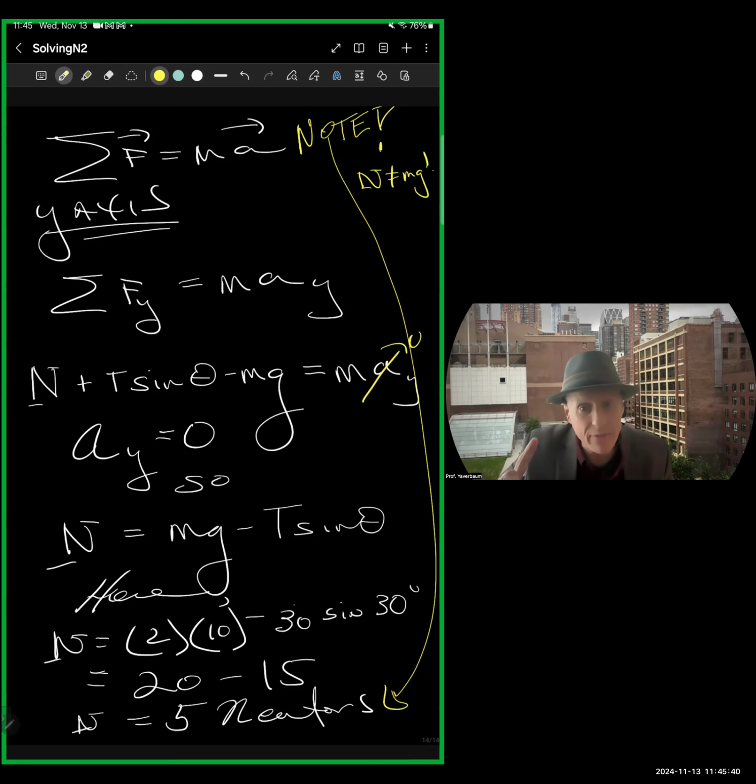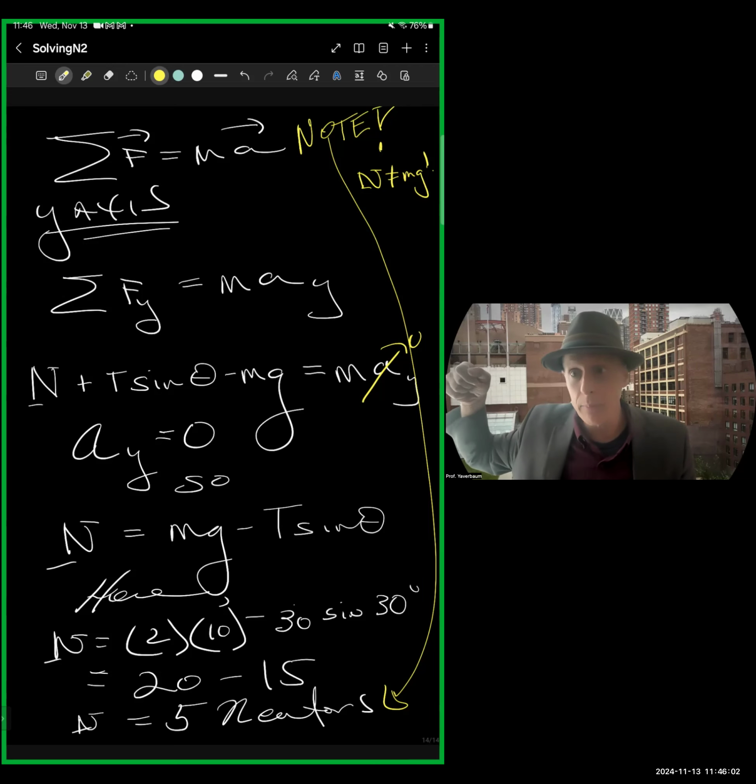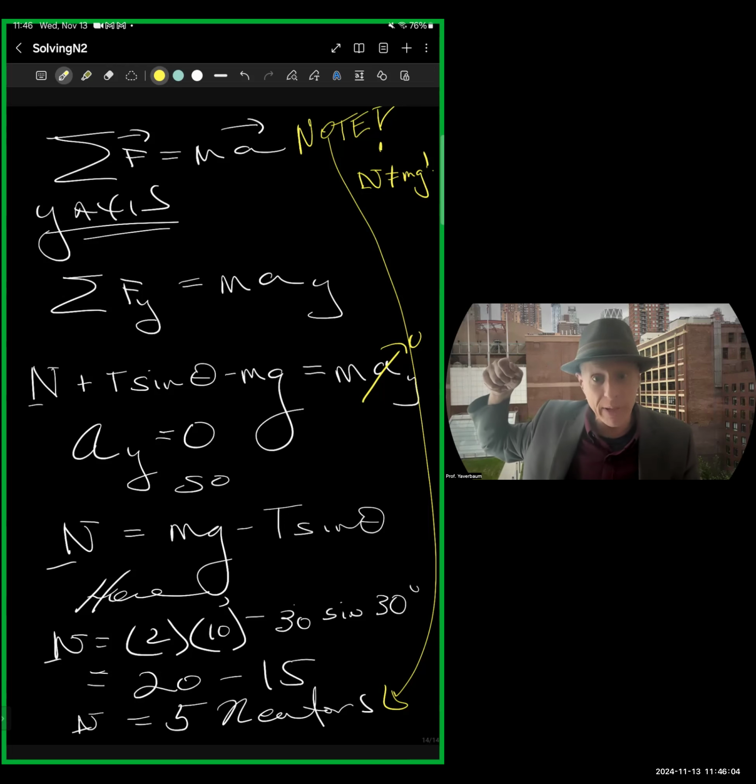Notice the weight of the apple here is 20 newtons. And here I just did a calculation on the y-axis to show myself that even though the weight of the apple is 20 newtons, the upward normal force of the table is not 20 newtons. It's a lot less. It's 5 newtons. Why? Because the table is trying to support the apple, but the string is helping.